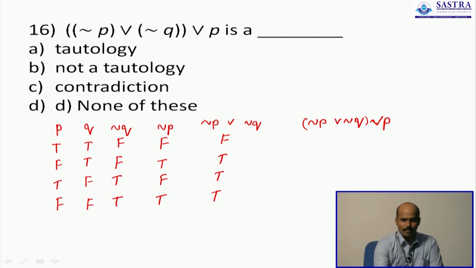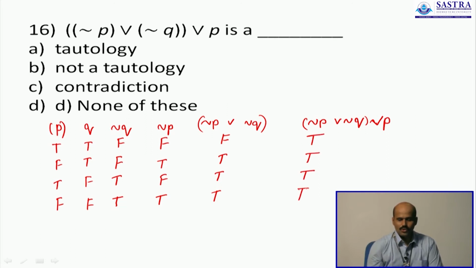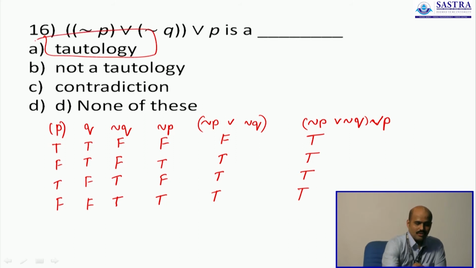And now we'll have to perform the disjunction between columns 1 and column 5 in fact. Now true or false will give you true, false or true is true again, true or true is true, false or true is true again. You will see that all 4 answers for the 4 different input sequences have been true, and therefore what you have here is a tautology.